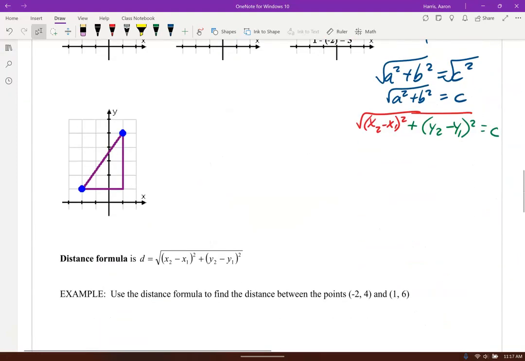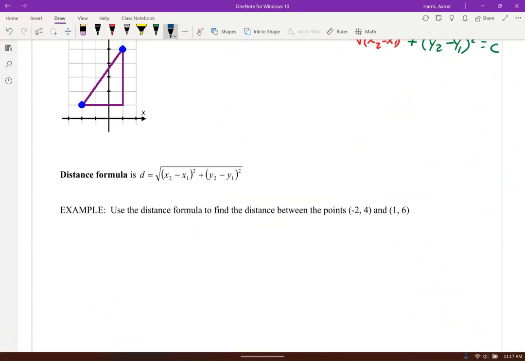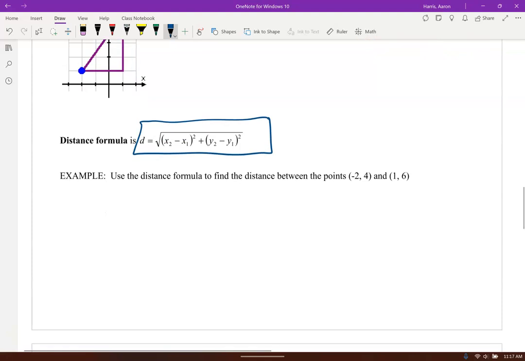And that's our distance c. We just call it the distance d instead of using c. There's our distance formula, based on the Pythagorean theorem.